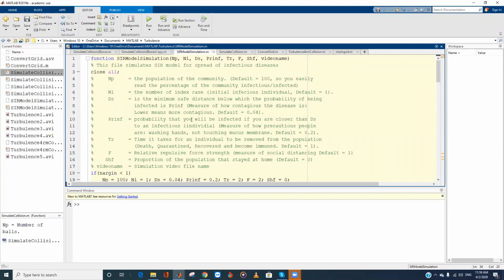Then you have the recovered. Usually there is a differential equation for this problem, but I am not using it here. I'm looking at it from a particle perspective, so the behavior can be likened to the behavior of fluids, and that is why we can talk about turbulence in this case.